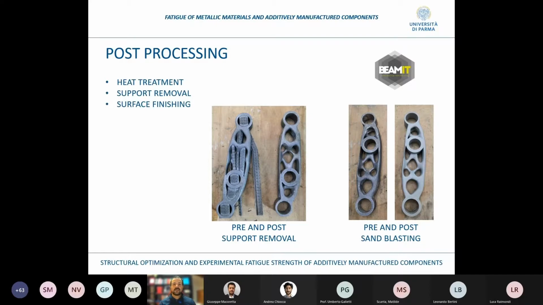So in this case, the choice was to sandblast the surfaces and to remove the irregularities and the detrimental features that are introduced by the presence of the supports.